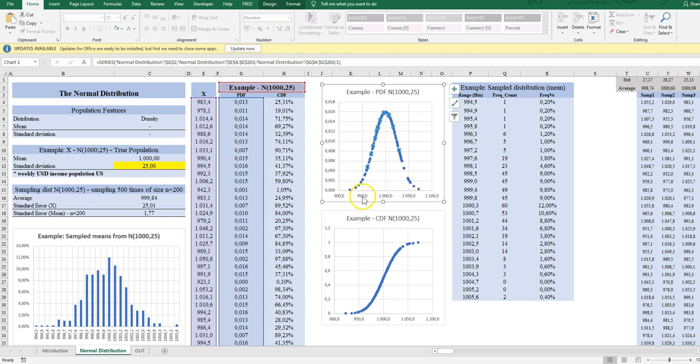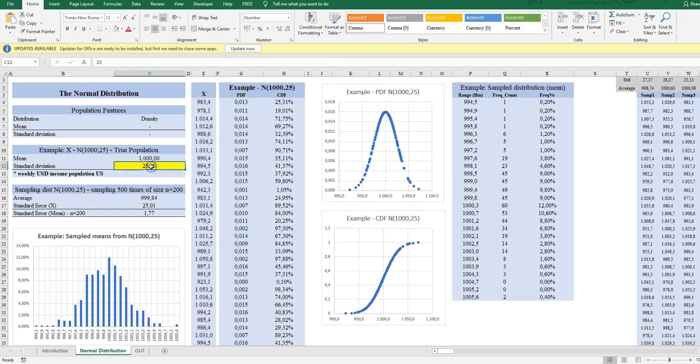Here we can actually identify already the 95% confidence interval. Why? It's because we know that a 95% confidence interval is 2 standard deviations away from the mean in both directions. And as I have 25 as the standard deviation, it's $50 in each direction from the mean.